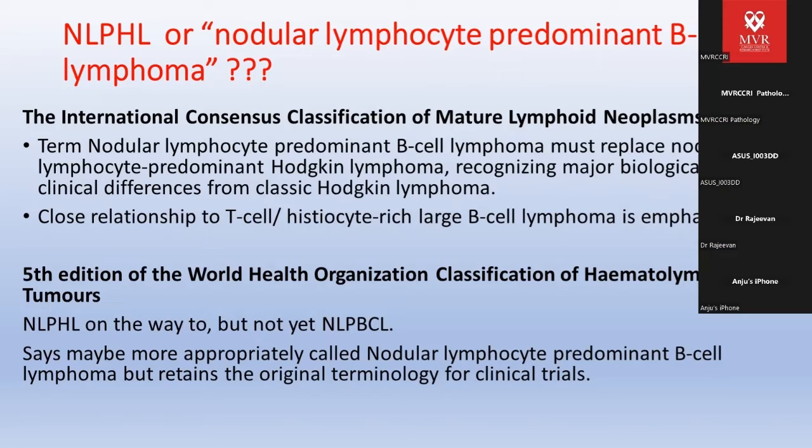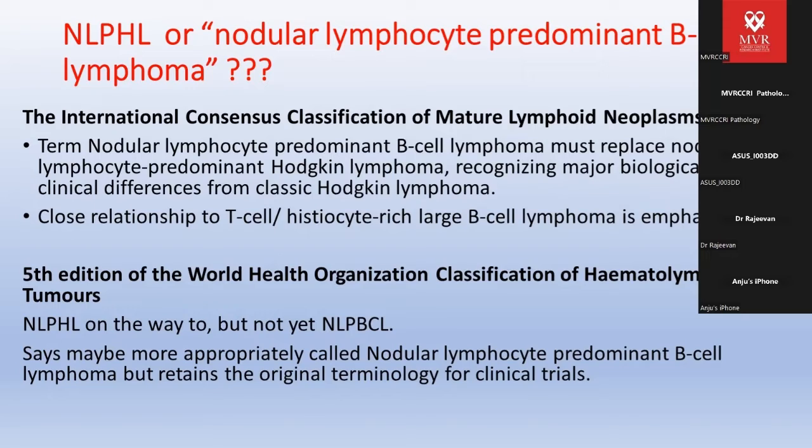Whereas the ICC, the International Consensus Classification of Mature Lymphoid Neoplasms, where Elaine Jaffe is one of the members, proposes that it is not right to call NLPHL a Hodgkin lymphoma, because it is just the morphology that mimics Hodgkin lymphoma. You have scattered large cells in a reactive background, but the immunoexpression is quite different.